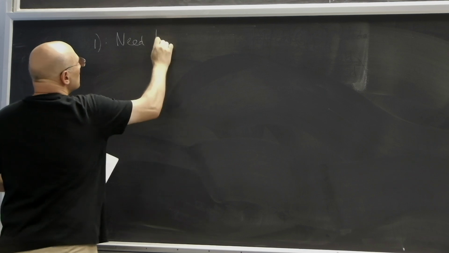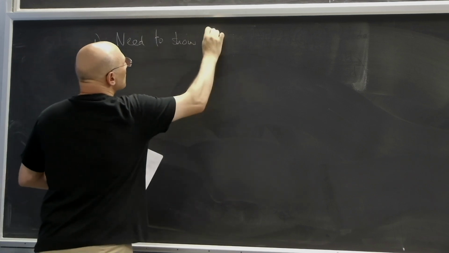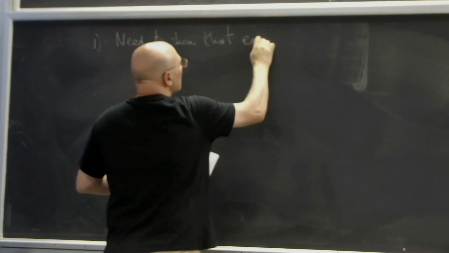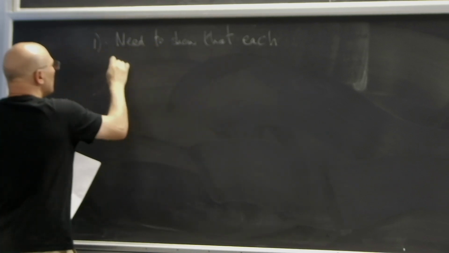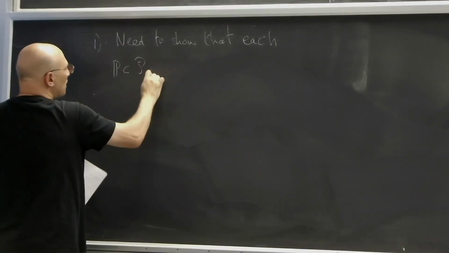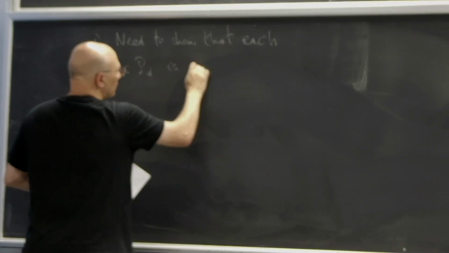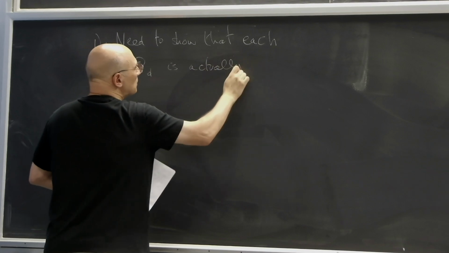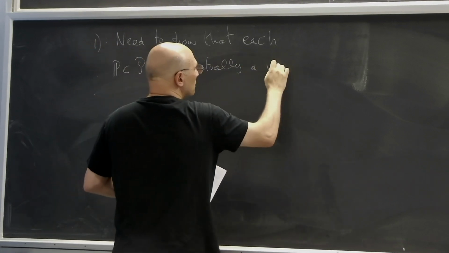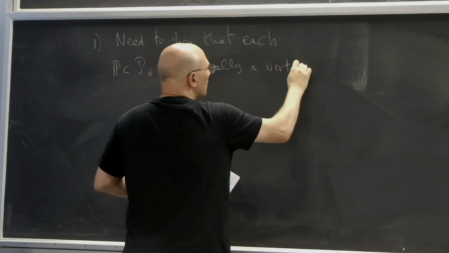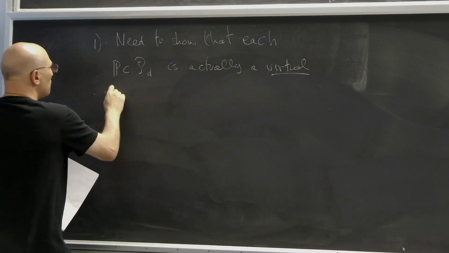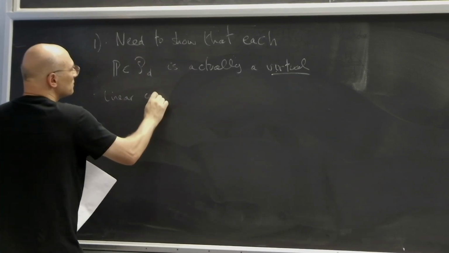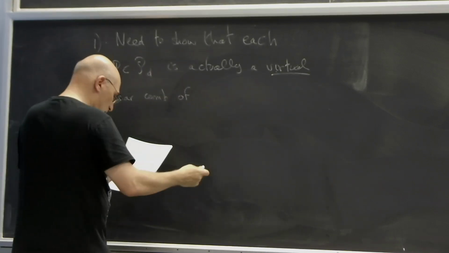So 1. Okay. So we need to show that each simple guy is actually a virtual linear combination of products like that.